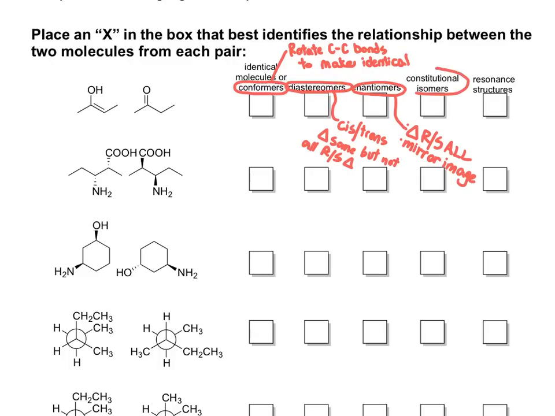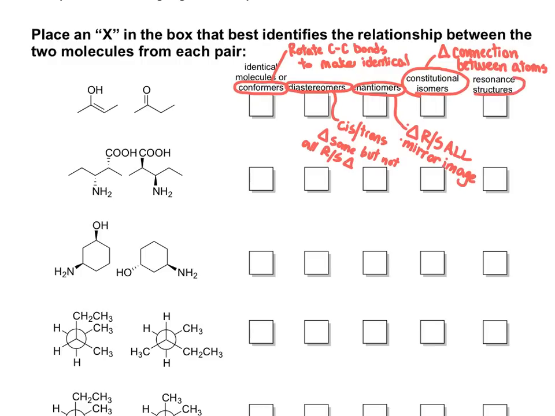Constitutional isomer means that we have changed the connectivity between atoms. So delta for change, connections between atoms. So we've changed the location of where the branches are, we've changed the size of the ring, or we've done something to totally move around atoms within the molecule. So we've changed the connections between atoms. We've gone beyond just changing how they're oriented in three-dimensional space to actually moving the atoms from one place to another within the molecule.